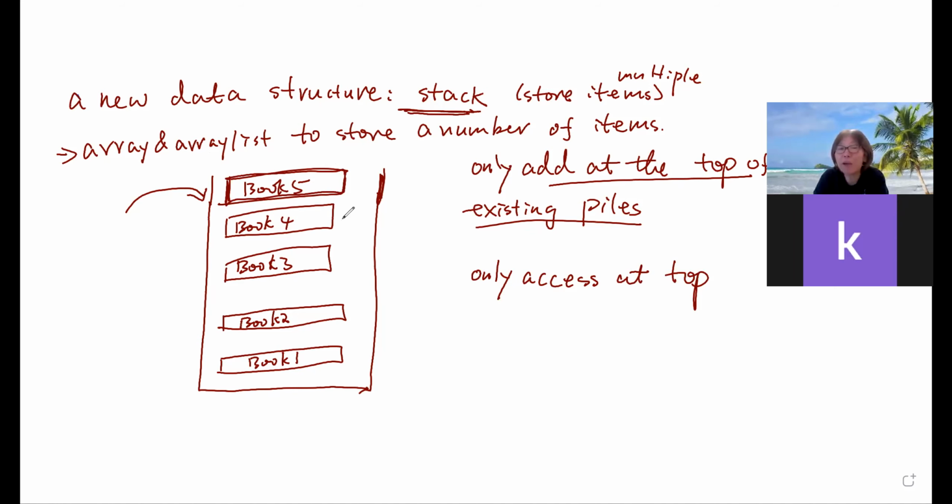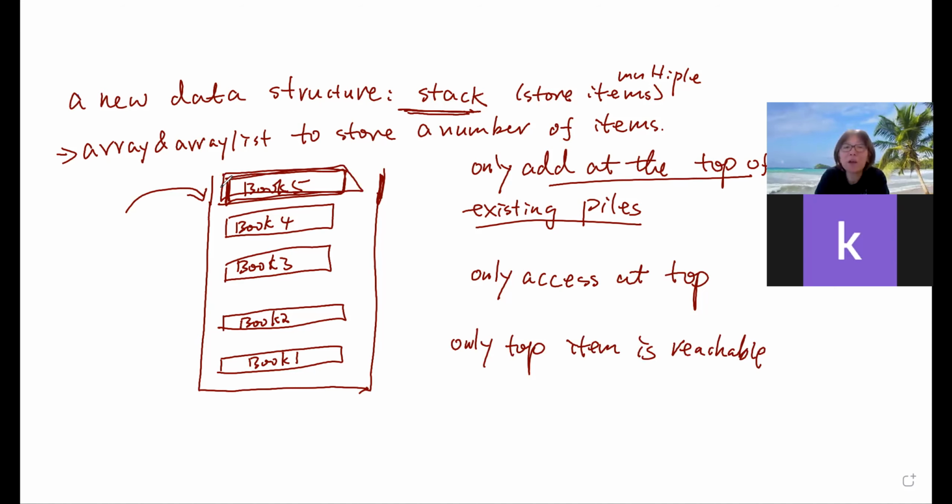For the bottom item, we cannot reach unless you remove the top item. So only the top item is reachable. Here, only book 5 is reachable.